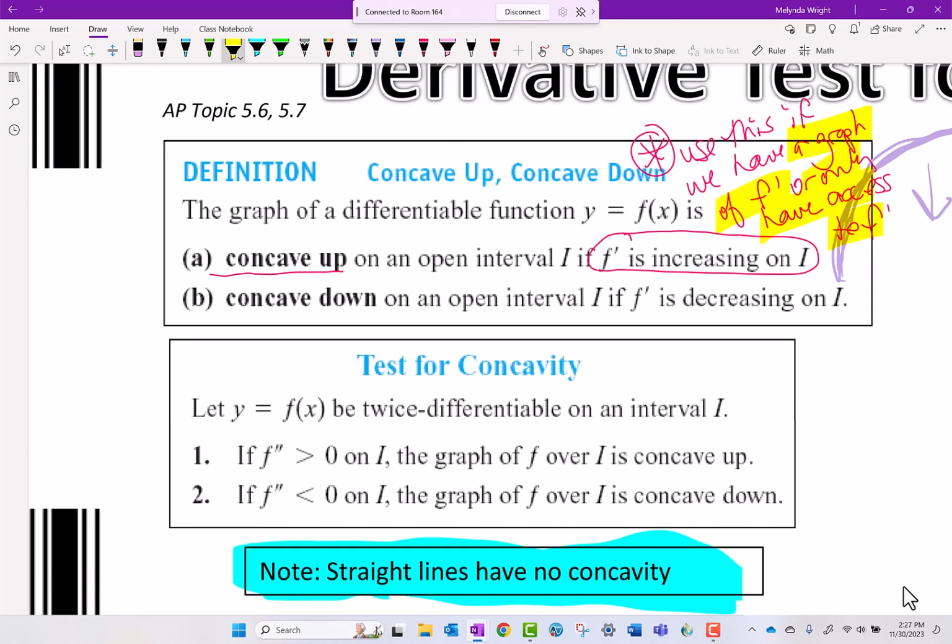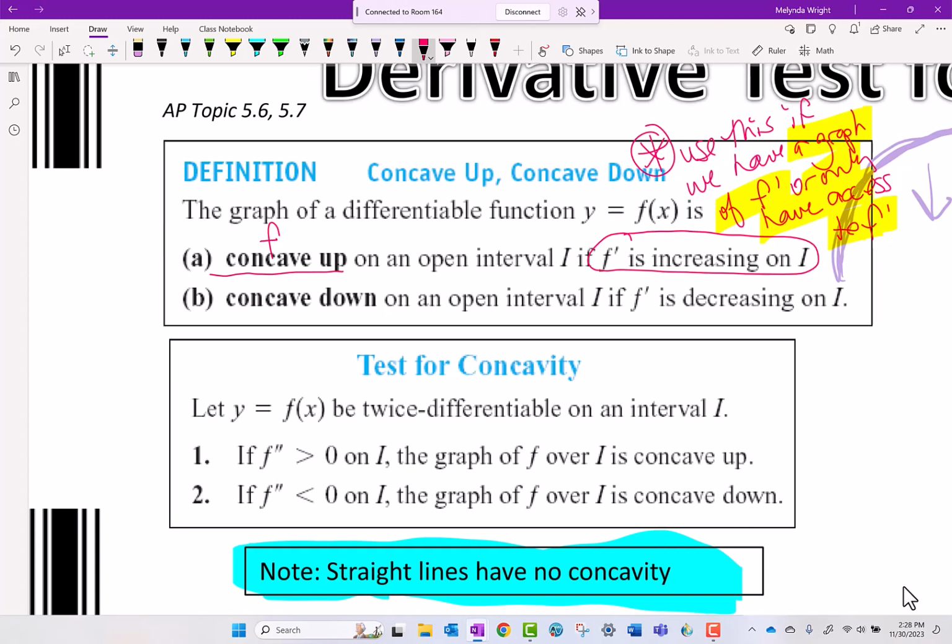I'm just going to be honest with you. We would prefer to use the second derivative. Sometimes we can't. So in the event that we can't use the second derivative, we look at whether the first derivative is increasing or decreasing. The function f is concave up if f prime is increasing.